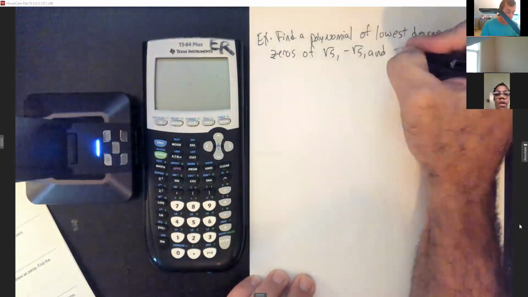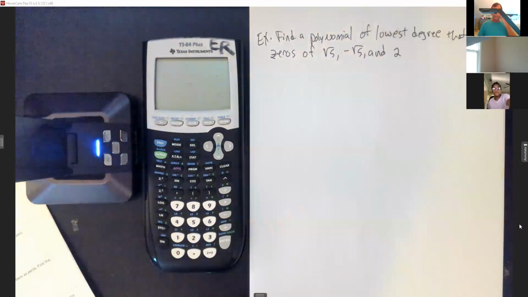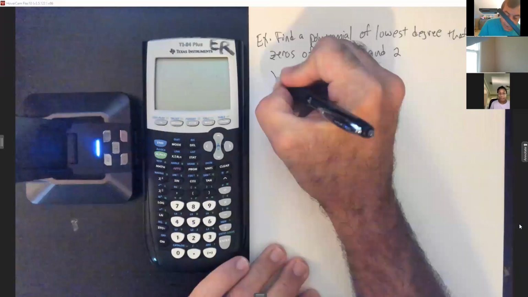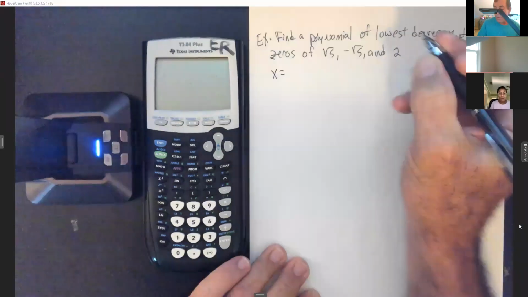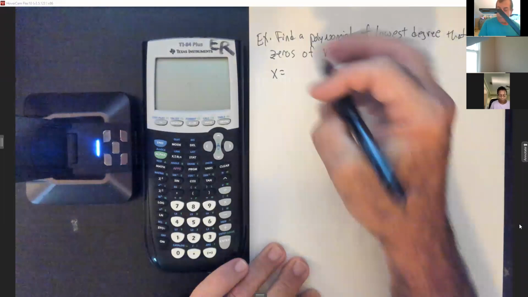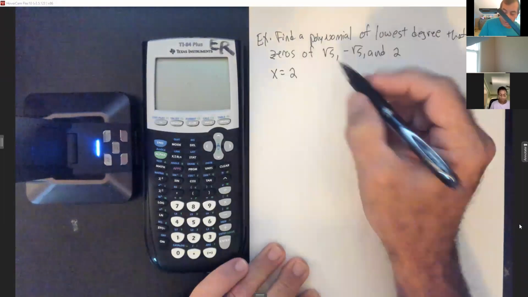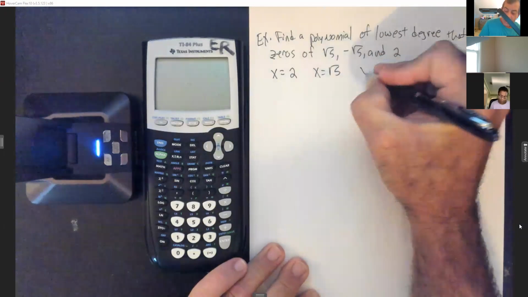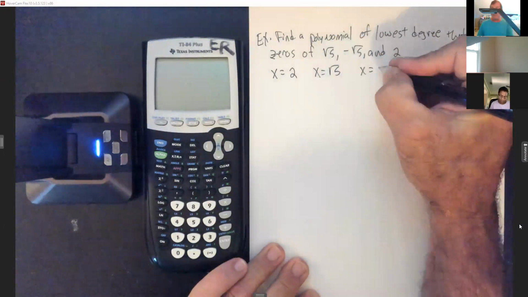And a 2. So basically the same thing. I'm going to put my x equals 2 first, and then I'm going to put my x equals square root of 5, and then x equals a negative square root of 5.